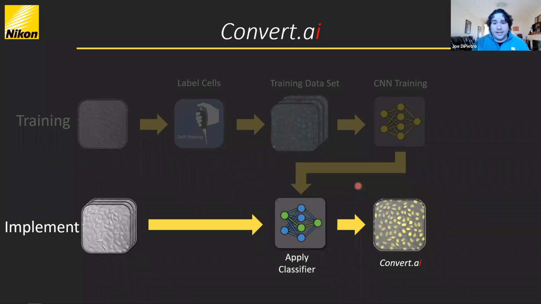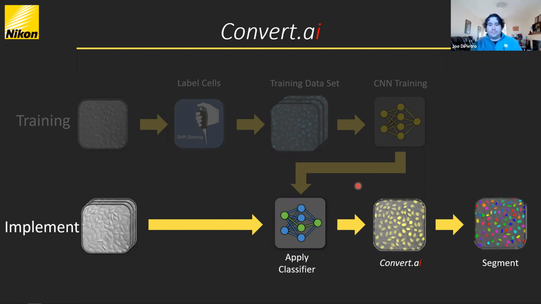Sometimes the thing that we need to do in order to see what we want is actually affecting the process that we're studying. So if you could train a neural network to do it after the fact and utilize the power of fluorescent imaging without actually doing it, that could be really powerful for your experiments. You could segment, you can do all the stuff that we talked about earlier in this talk, right?